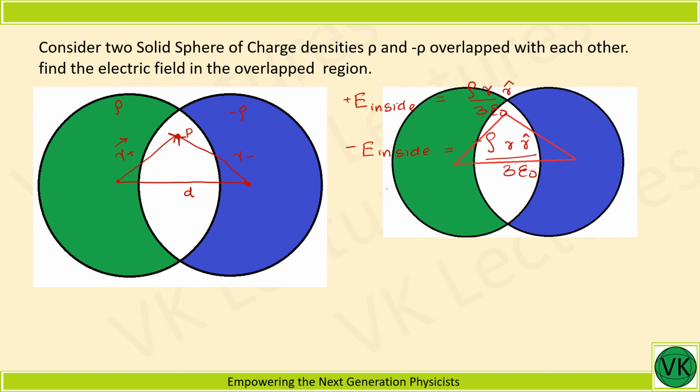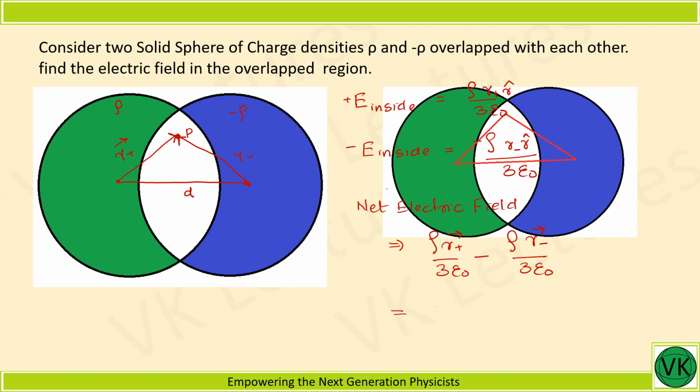This will be R plus, this will be R minus. So the net electric field will be the sum of E plus and E minus. So that's equal to, writing in the form of vectors, rho R plus by 3 epsilon naught minus rho R minus by 3 epsilon naught.